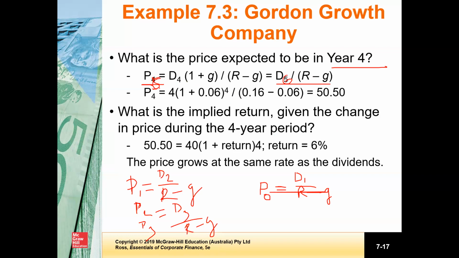If it is P6, then it should be D7. So you have the expected dividend next year, divided by R minus G. And you can also calculate the implied return from this. We will discuss this point in more detail soon.